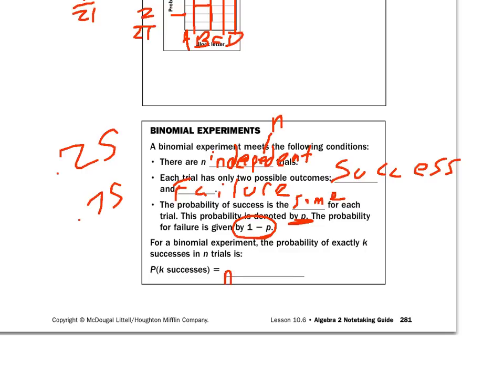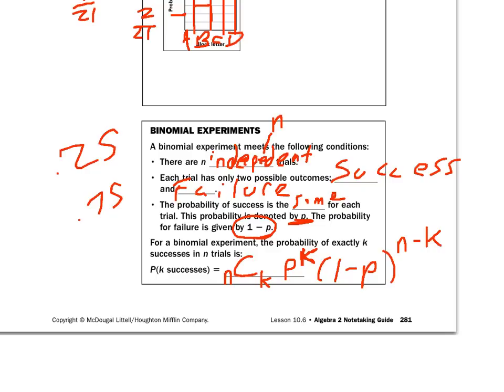N trials, C, K, that's how many successes that you want right now. P, the probability of success, to the number of successes that you have, to the K. Times 1 minus P, that would be failures, to the N minus K. That would be the number of non-successes that you would have.